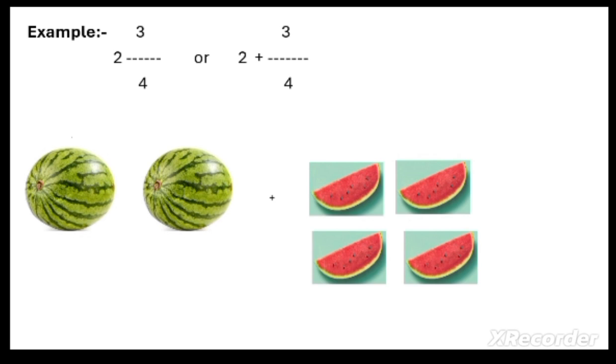I divided that watermelon into 4 equal parts. And let's suppose if I gave 2 complete watermelons and there was a third watermelon, I divided it into 4 equal parts, and if I will give 3 parts of that watermelon to a student, so that student will say that I have been given 2 whole watermelons, 2 complete watermelons, and there was a third watermelon which was divided into 4 equal parts, and I was given 3 parts of it.